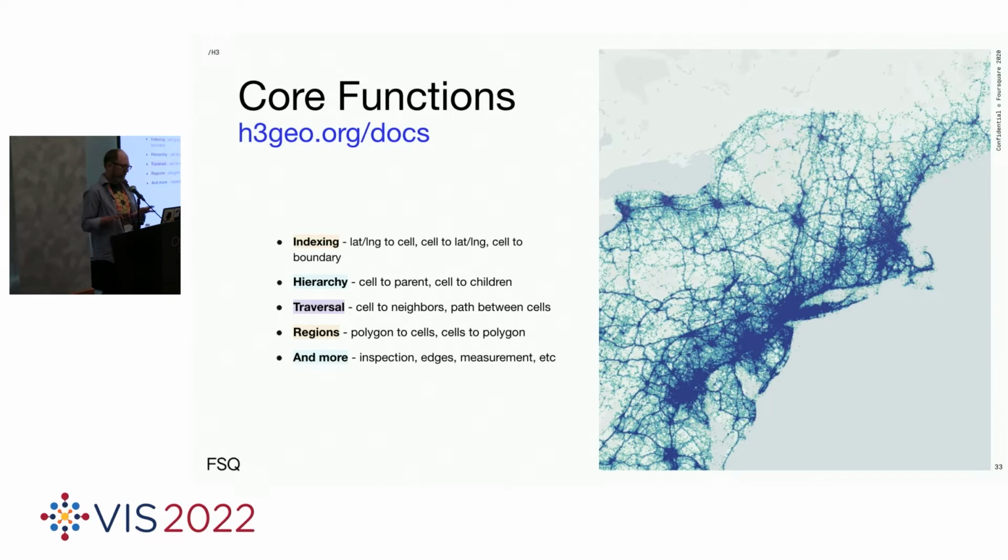We can take regions, so we can transform a polygon to a set of cells using usually center inclusion, but there's a variety of different ways you can do this. And we can go from cells to polygons, so to take the outline of a set as a polygon. And there's a variety of other functions as well. So pretty much everything you would want to do with a grid, maybe not quite everything since we have a long list of things we still want to add to the library, but many of the things you'd want to do with a grid are available directly within the library.